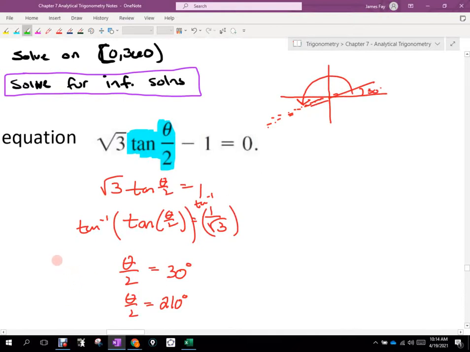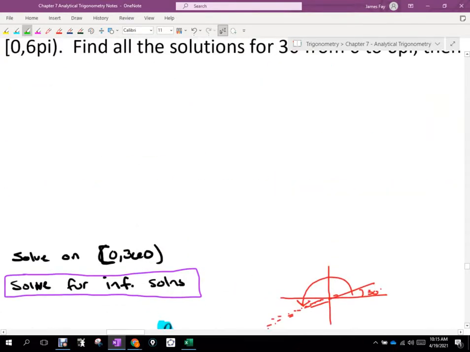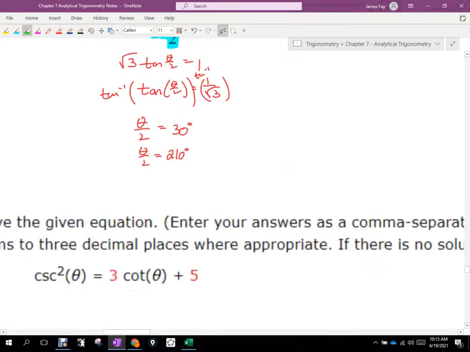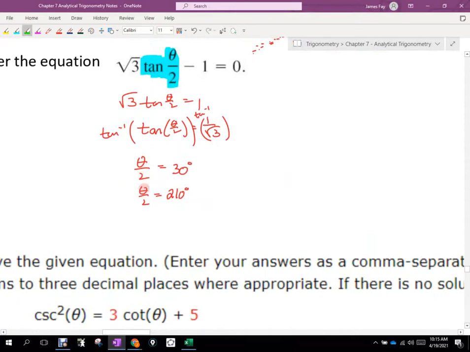Is that okay, everybody? All right, so that is very similar to the procedure that we developed in section 7.4 with those types of questions. But in 7.4, we were always solving for theta. Now we're solving for theta over 2. So now we have to adjust the procedure. What you do is add to this the period times k.